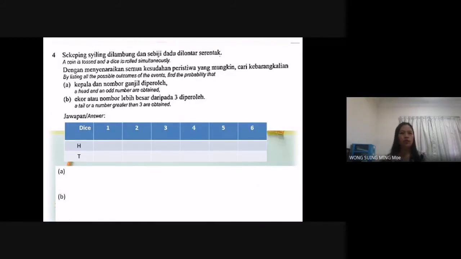Okay, 4. A coin is tossed and a dice is rolled simultaneously. Okay, means at the same time. By listing all the possible outcomes of the events, find the probability that a head and an odd number are obtained.